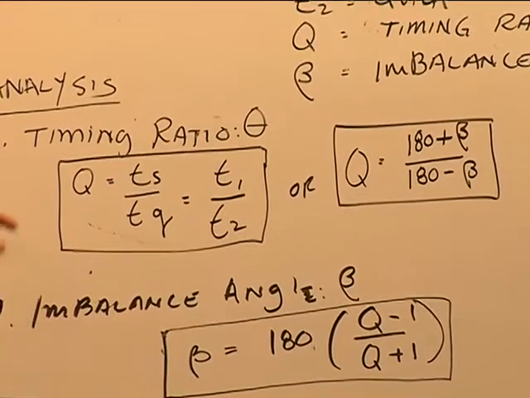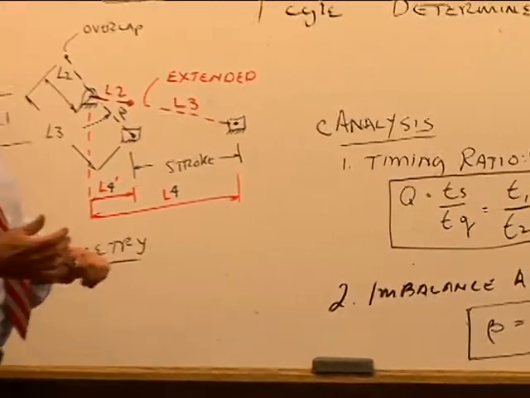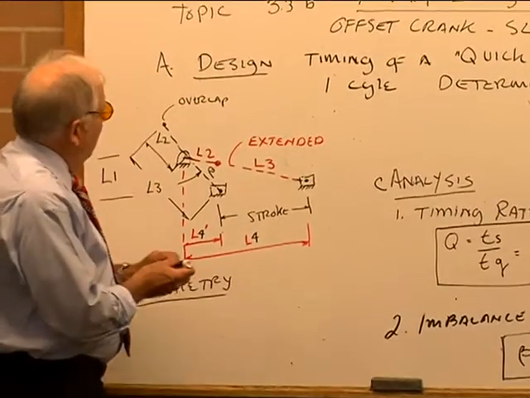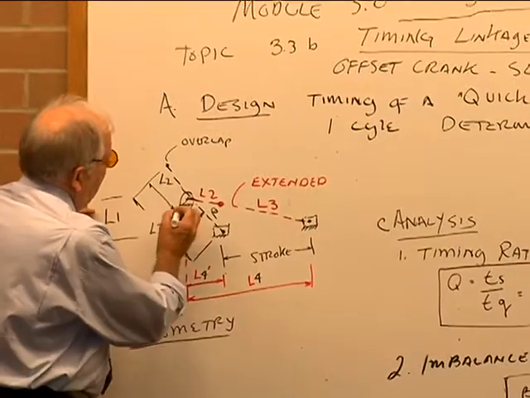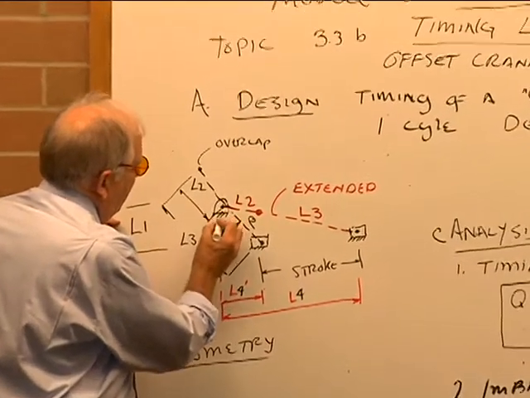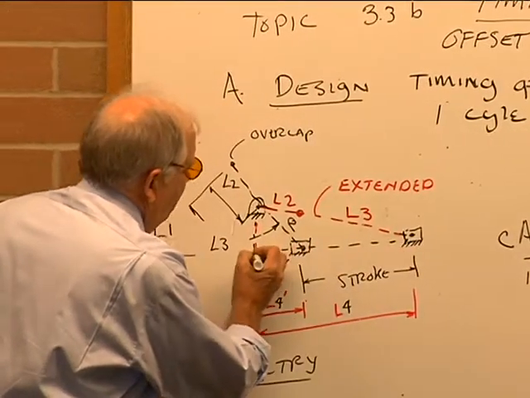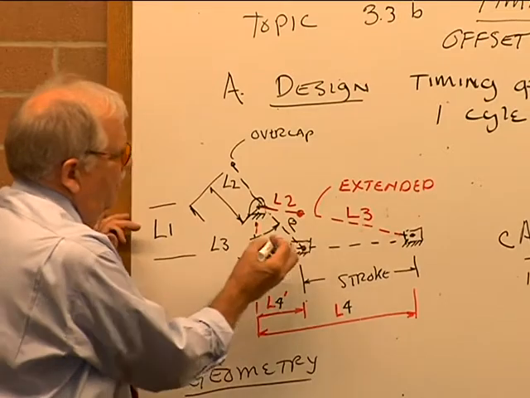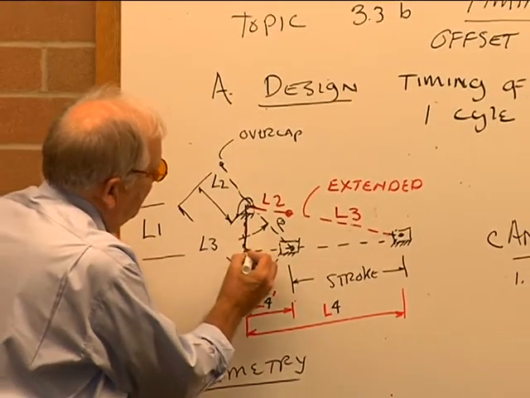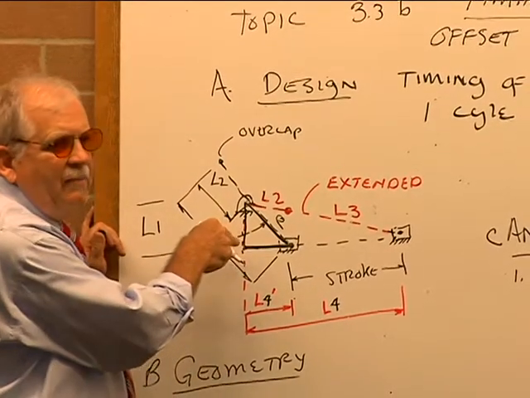Now, you may have to find the beta angle using trig. You can do that by taking the position of this pivot right here, dropping a line straight down, and then bringing this line over across, and you have a right triangle. So you actually have two right triangles. You have this triangle here that you can use for the overlapped angle.